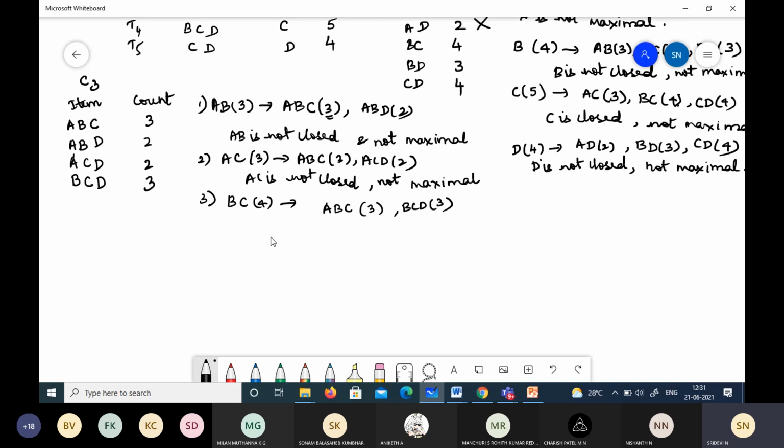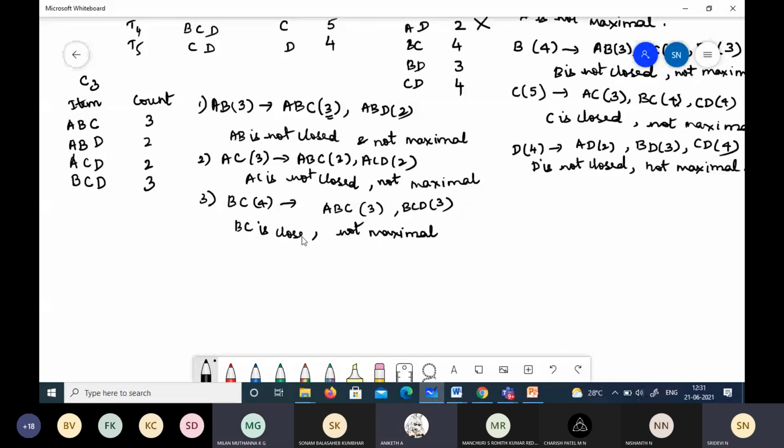Now you tell me whether BC is closed or not closed. It's not maximal because the support count is 3. Yes, BC is closed or not closed? Closed. Yes.